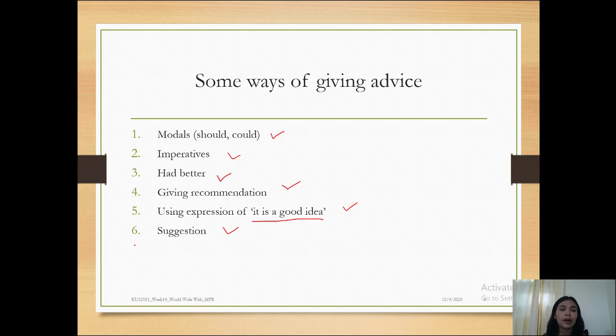And actually there are more expressions that you can use, but we are only going to focus on these 6 expressions. So let's check all the expressions one by one.